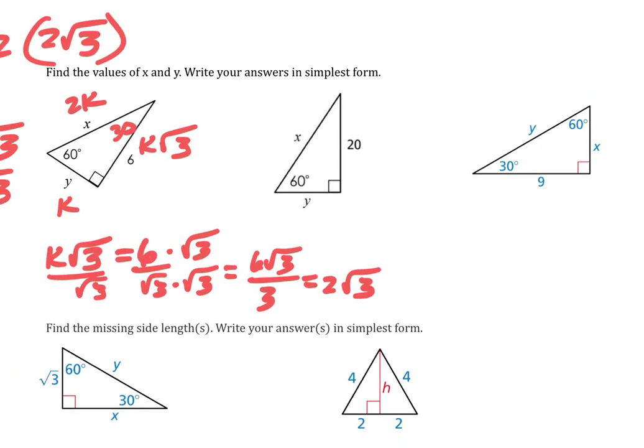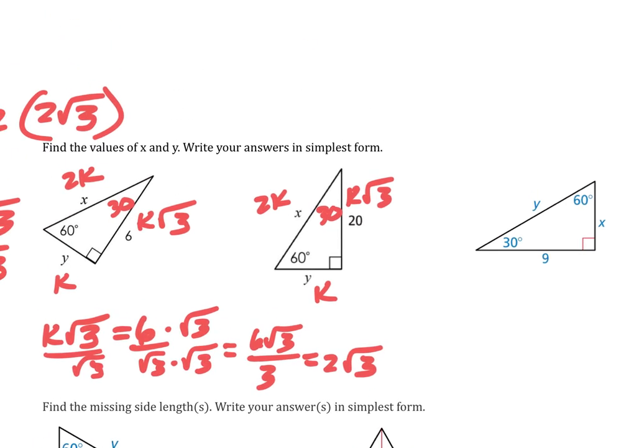Okay, the middle one. This is kind of a weird one. This time, k radical 3 equals 20. We're going to go through the same process we just did. And so you might say, well, what's so weird about this one? Well, here's what happens.